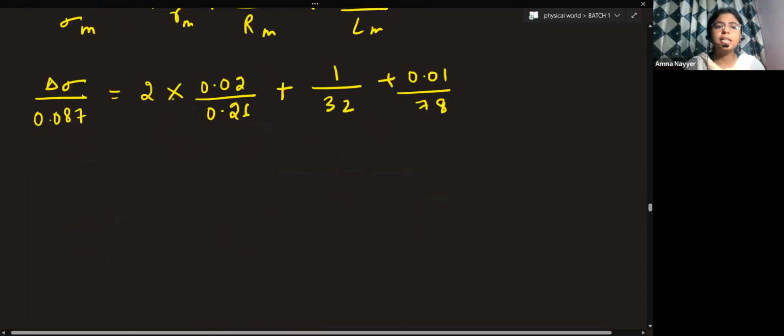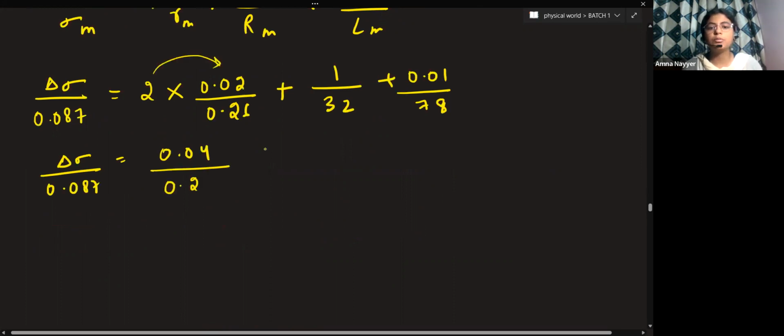So simply multiply. This will be delta sigma divided by 0.087, equal to 0.04 divided by 0.26 plus 1 by 32 plus 0.01 divided by 78, in this manner.